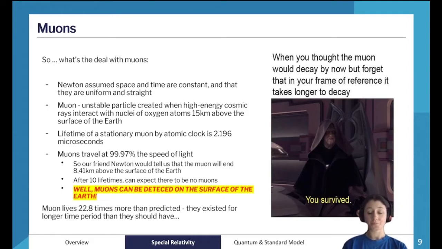But we actually detect a heap of muons on the surface of the Earth, about 22.8 times more than predicted. So, the takeaway about muons, and this is what you will be expected to know for an exam when you're explaining the muon situation, is that more muons than Newtonian physics predicted were detected on the surface of the Earth.